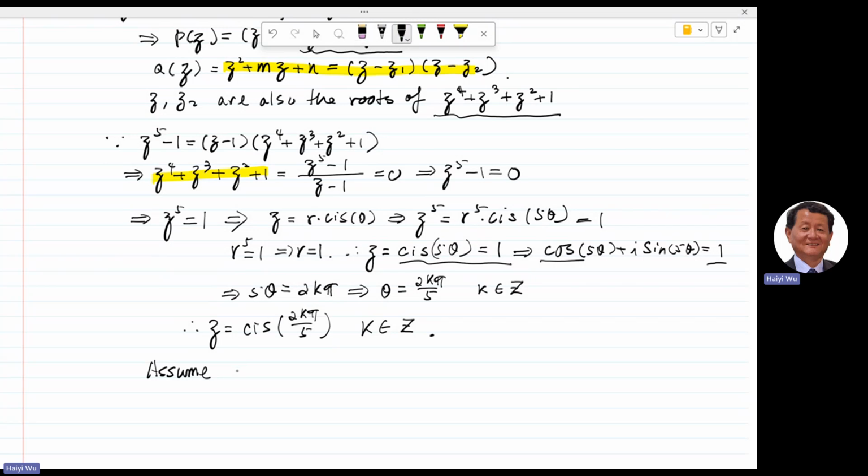So let's assume a pair of the roots must be the two conjugate roots.